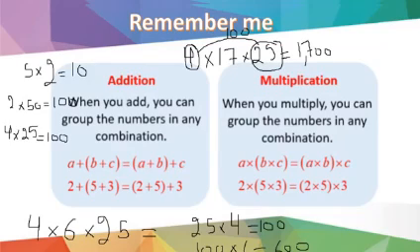So usually multiply 4 and 25 first. Like in this example, we multiplied 4 by 25 and then by 17. So when you add or when you multiply, you can group the numbers in any combination. Never mind, the answer stays the same.